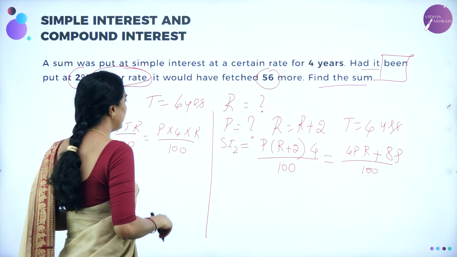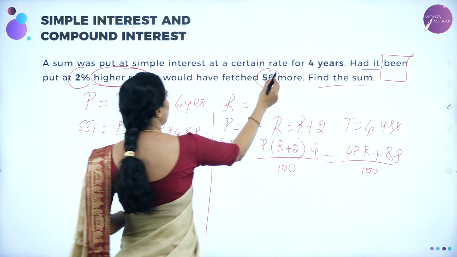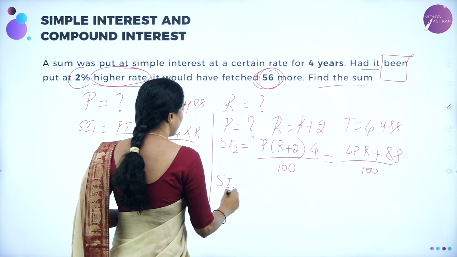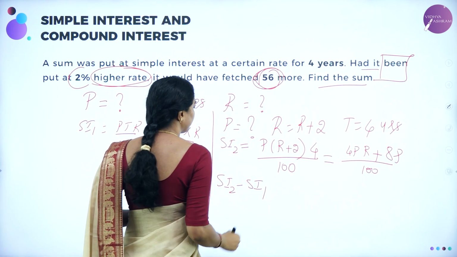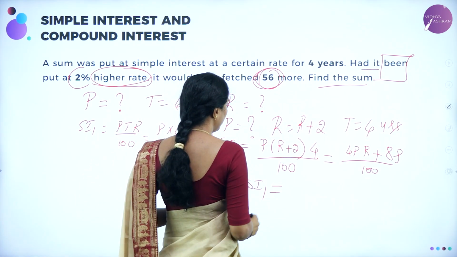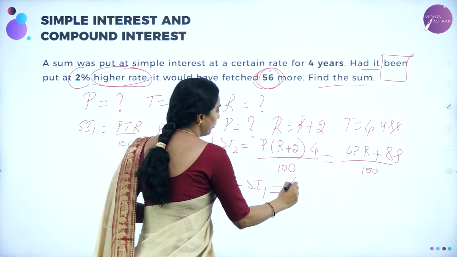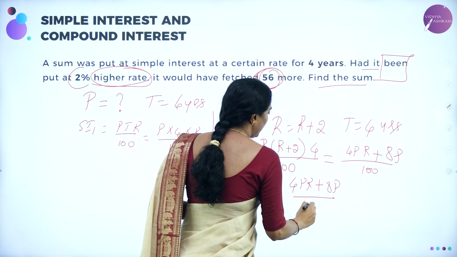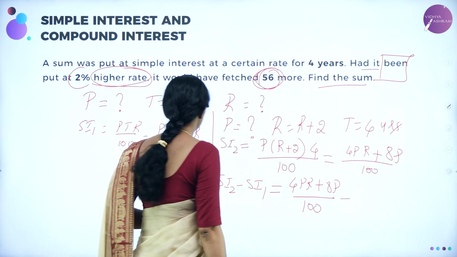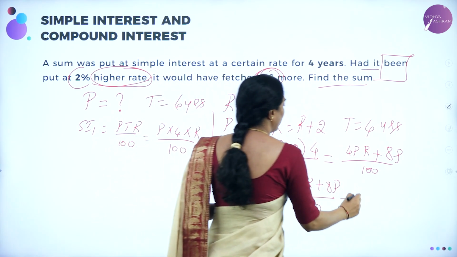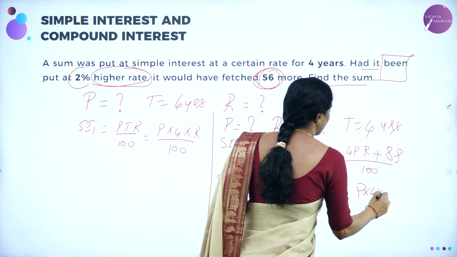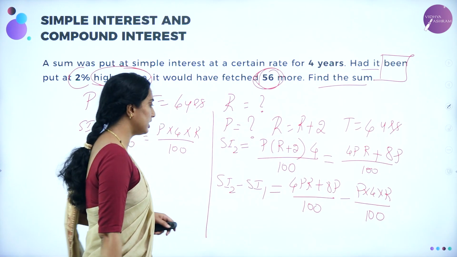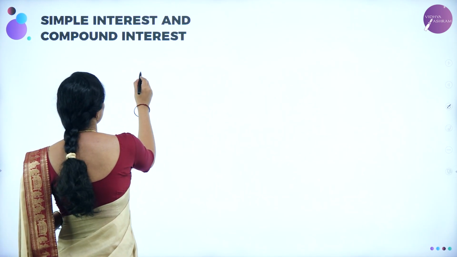Now, the difference they have asked: the difference will be 56 more. So SI2 minus SI1 is equal to SI2, which is 4PR plus 8P divided by 100, minus P into 4 into R divided by 100. Now 100 is the LCM, so we can take it down.